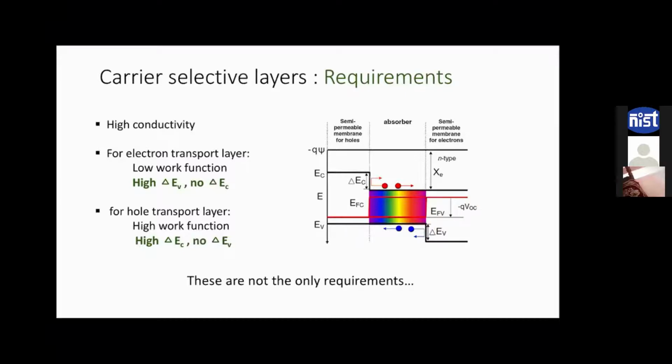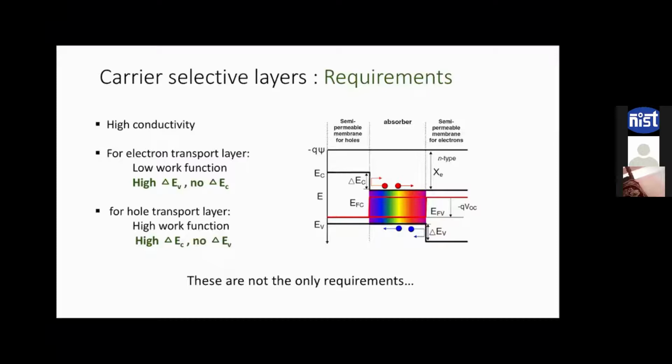We are talking about a high conduction band offset for blocking holes, and zero valence band offset for hole transport on one side of your absorber layer. And we are talking about a zero conduction band offset for transport of electrons and a very high valence band offset for blocking the holes on the other side of your absorber layer.